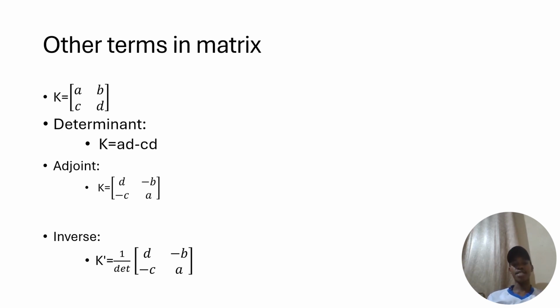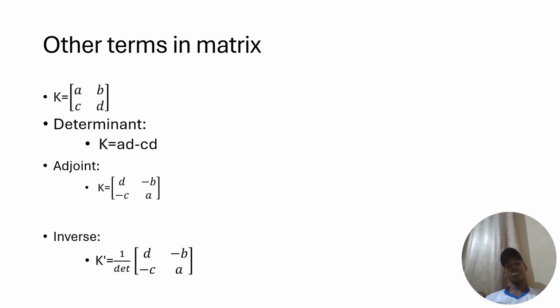The one which was in the upper position turns to the lower position, so A and D swap places. And then the signs have to change. For example, in the matrix we had C as positive and B as positive, but here we only change the signs in the minor diagonal. That's where we change the signs.